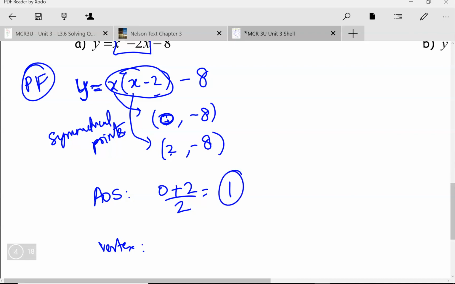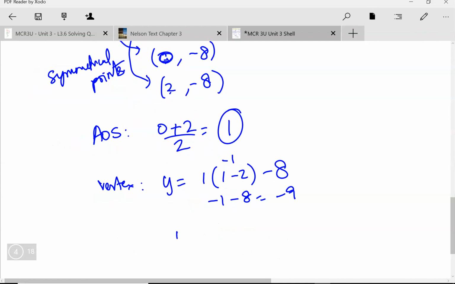You can put it into this part or this part, it doesn't really matter. y equals 1 times 1 minus 2 minus 8. This is negative 1, so negative 1 minus 8 is negative 9. So my vertex is 1 comma negative 9. Again, the x coordinate of the vertex is the same thing as the axis of symmetry.